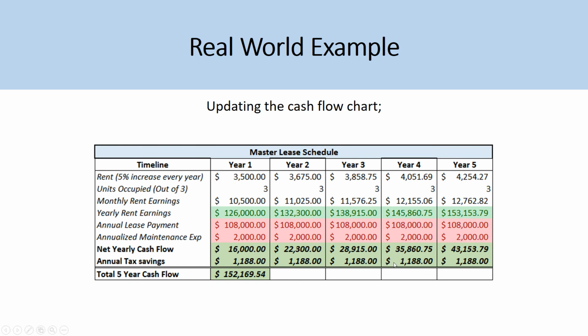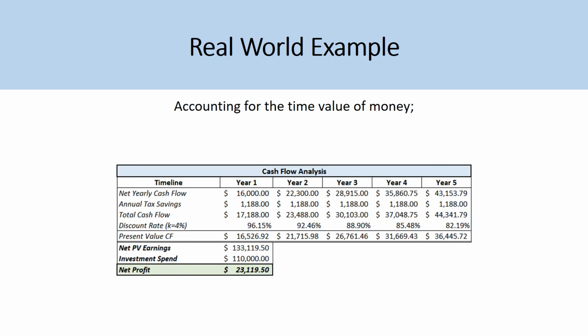We got to discount it. So that's what we did. So we take the same net yearly cash flows and annual tax savings. We add them up to get our total cash flow for each period. We then calculate the discount rate using the 4% interest rate, assuming that that is K, the discount rate, to get a present cash flow value of $16,526 and so on for each of the years.